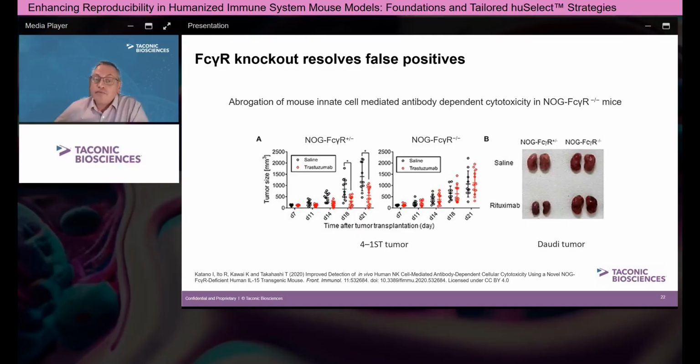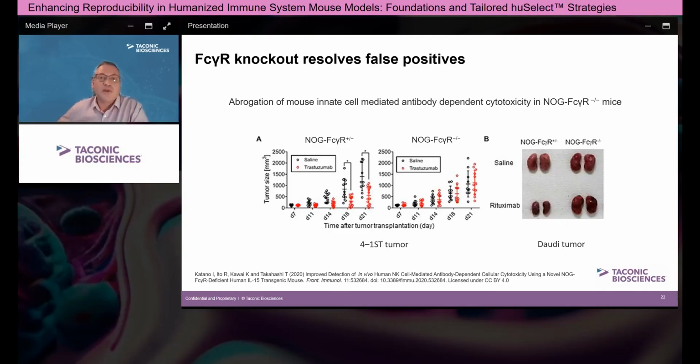On the left, in the presence of murine Fc gamma receptors, trastuzumab is able to induce a tumor growth inhibition, and that effect is completely lost in the absence of the Fc gamma receptors. Again, here suggesting that it is an interaction with the mouse innate immune system as opposed to the human immune system that is inducing this effect.